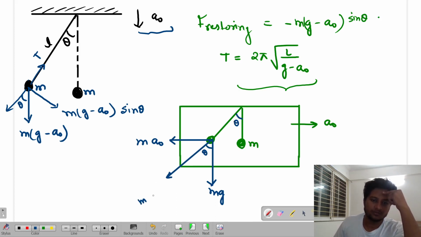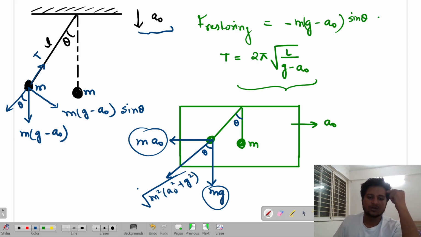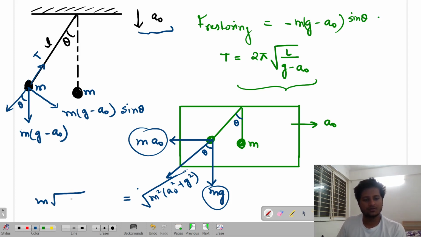So the resultant will be, if this is one force and this is another force, m square a naught square plus g square, because cos 90 is 0. Are you able to get me or not? So basically, this force is m times root under a naught square plus g square. Is that clear or not?